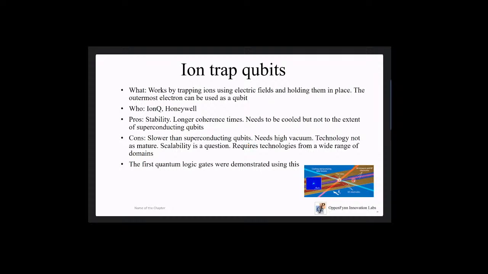You need ions, and these are held in place using lasers, so you need optics or photonics expertise. It needs a high vacuum, so you need vacuum technology. So it can always get complicated. So that's another con of ion trap qubits. But interestingly, the first quantum logic gates that were demonstrated were done using this technology.